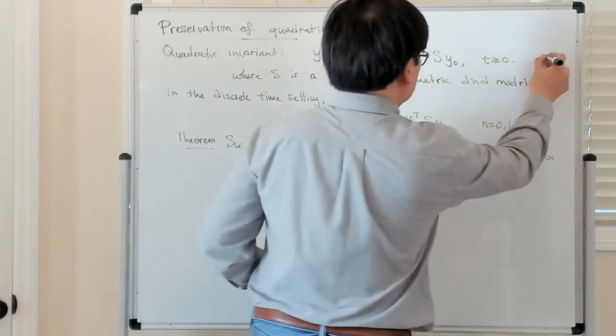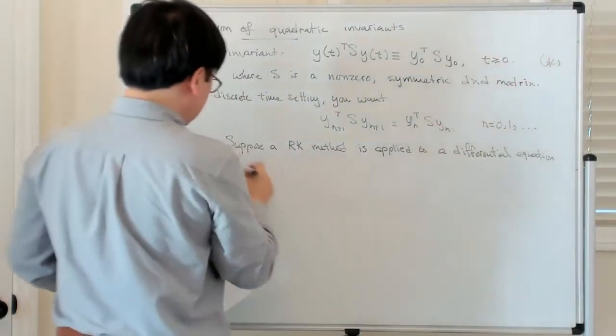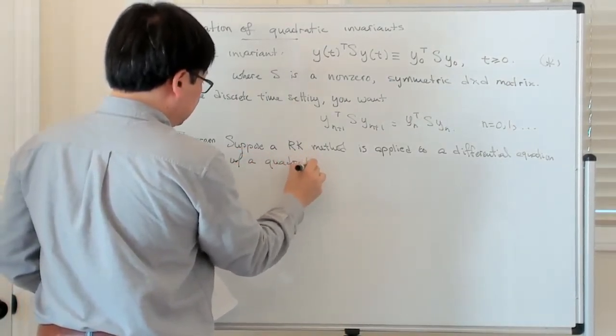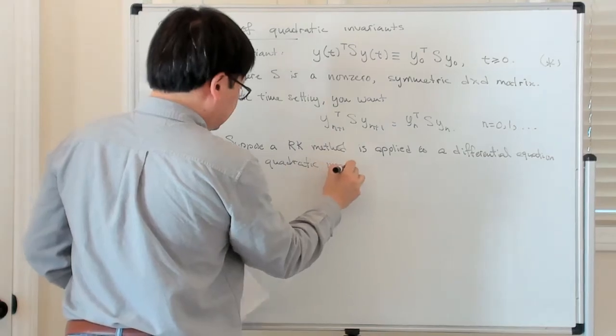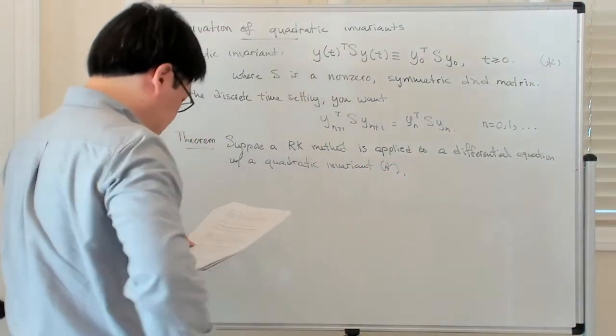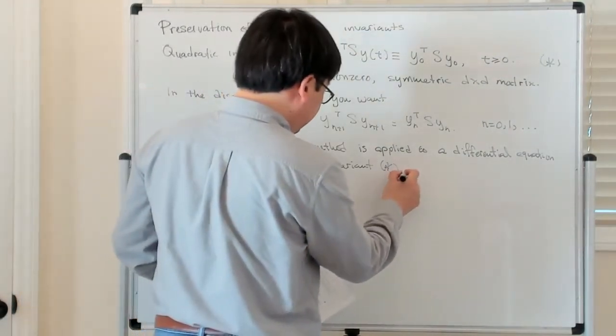So let's just say star, with a quadratic invariant.